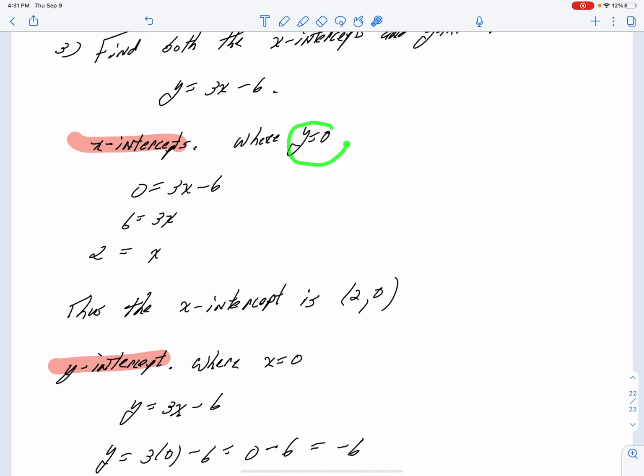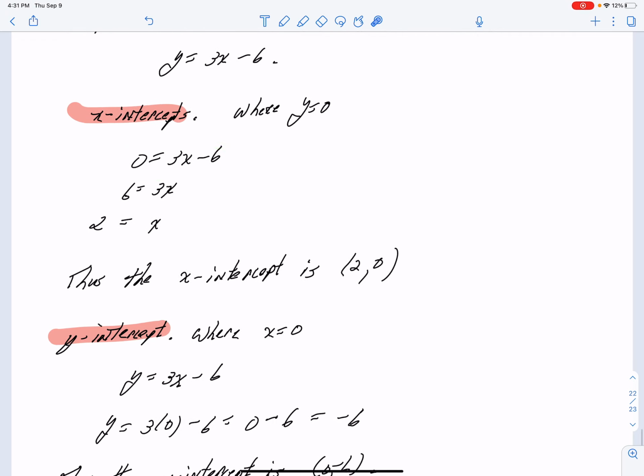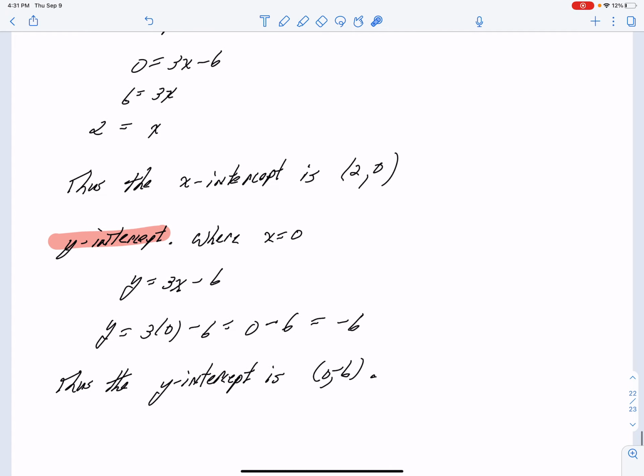I set y equals 0. I get this equation: 0 is 3x subtract 6. Add 6 to both sides. 6 equals 3x. Divide both sides by 3. x is 2. And that gives me an x-intercept of (2, 0).